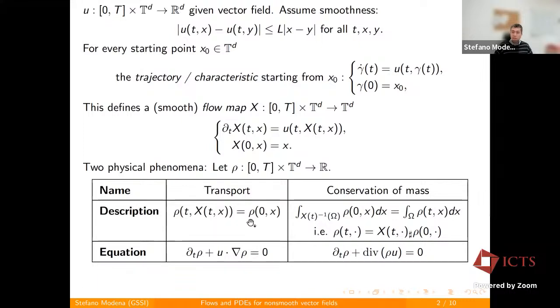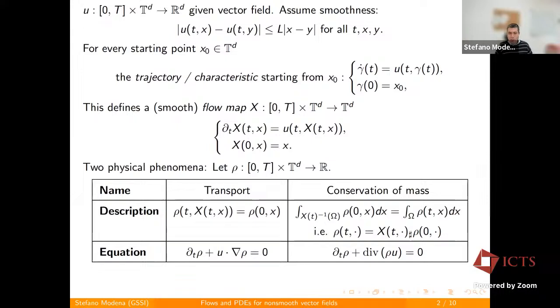So this means that the contaminant that you have at time 0 in the point x must be the same as the contaminant at time t in the point where the particle located at time 0 in x stays at time t, so in capital X of t,x. So this is a passive transport, transport of some passive scalar.